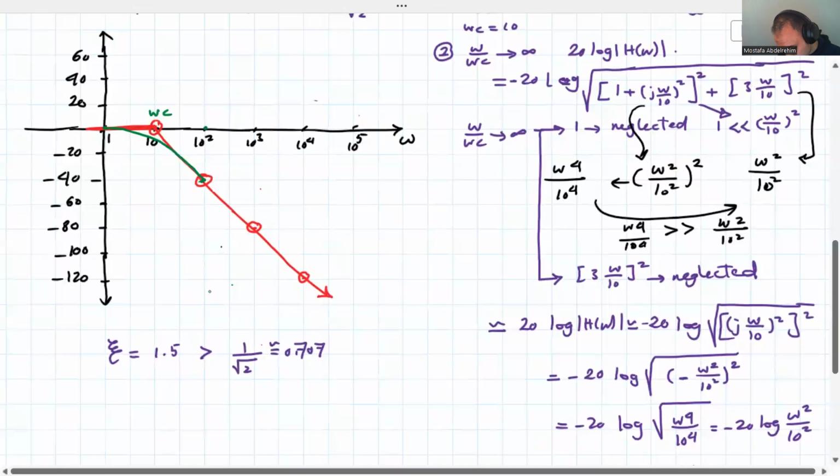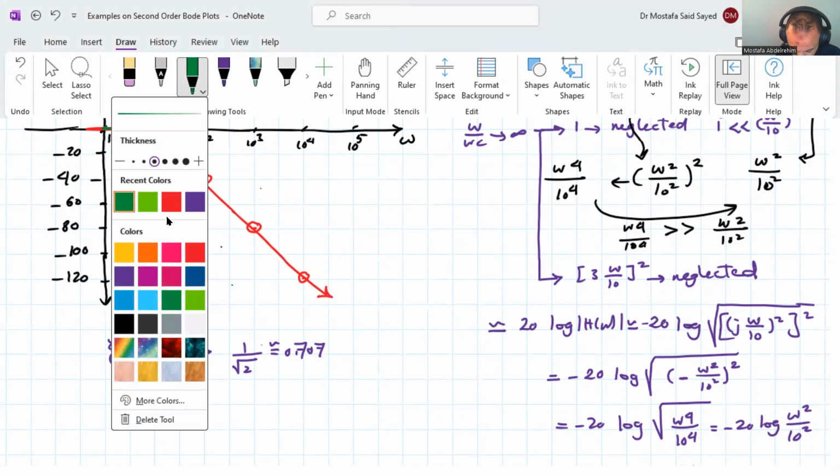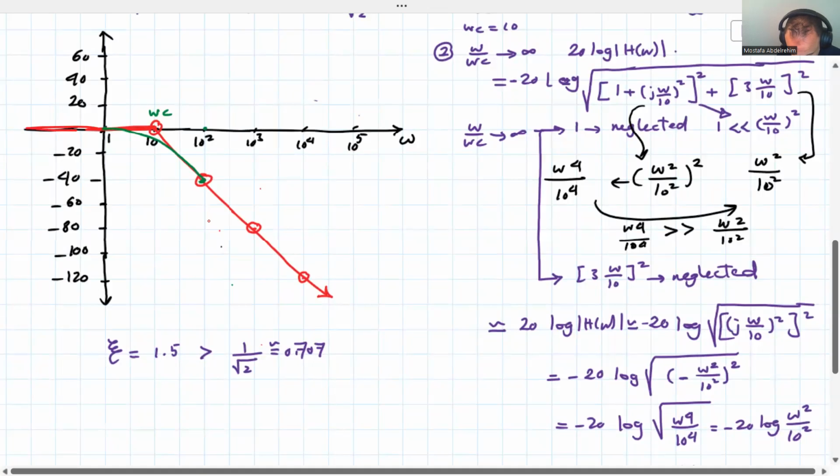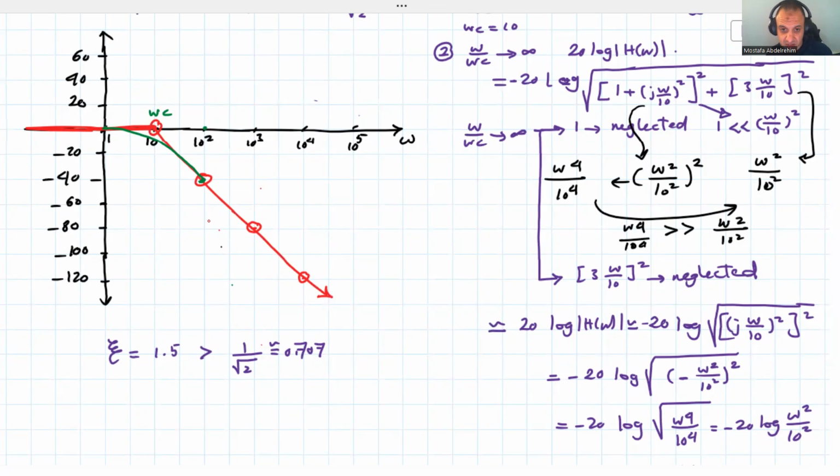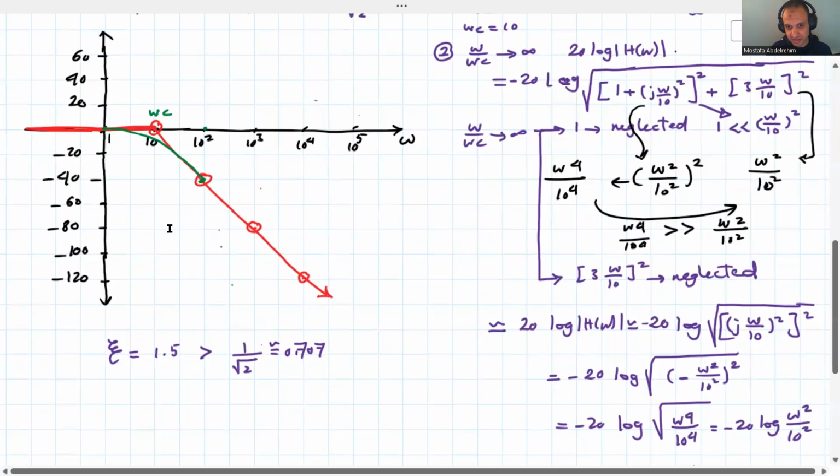You meet again with the straight line at 1 decade after omega c. It continues there. So before that, everything is red here. After the 1, it is the green curve. After 100, it is basically the red again. But for our course, you don't have to do that.